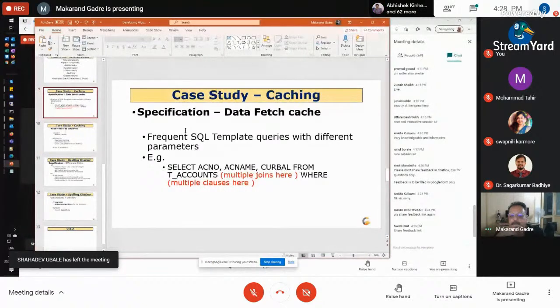Okay. So what is the caching mechanism here? Because this query is going to happen hundreds of times, let's assume, from your particular business scenario, for the same accounts, same conditions again and again.